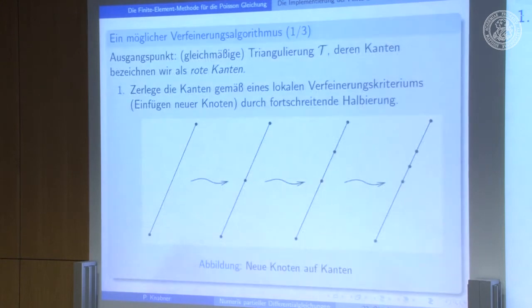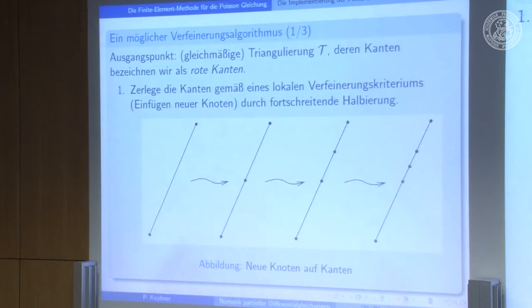And this goes as follows. So we have some coarse triangulation, and we have some places where we want to refine, and for these we indicate the corresponding edges of the triangles as to be refined. These will be the so-called red edges, rote Kanten.